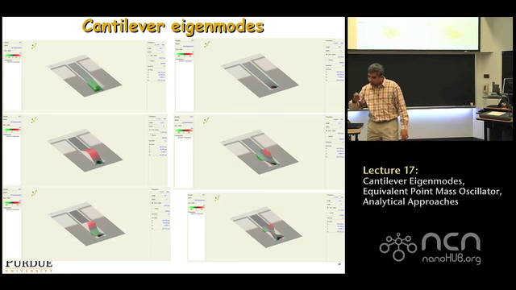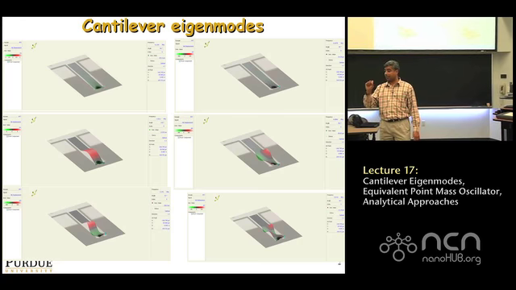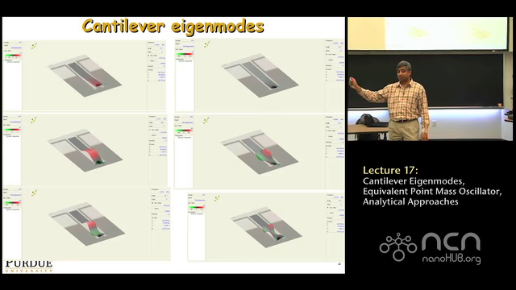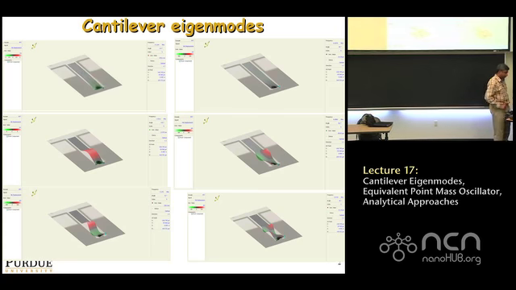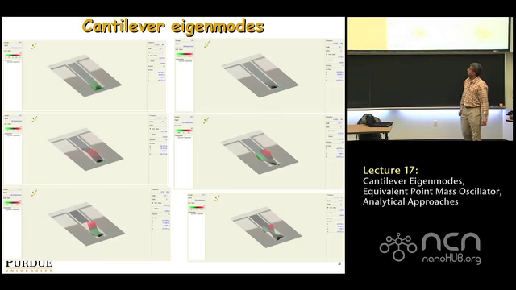As you start increasing the drive frequency above this, the amplitude becomes small again because you're no longer at resonance. You keep increasing the excitation frequency until you hit another characteristic frequency corresponding to the second eigenmode. And then suddenly you start getting large amplitude motions again, and that corresponds to the second eigenmode, which looks like this.